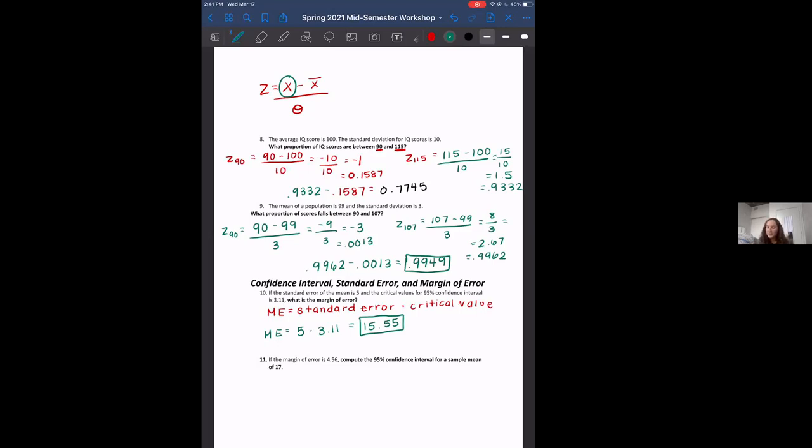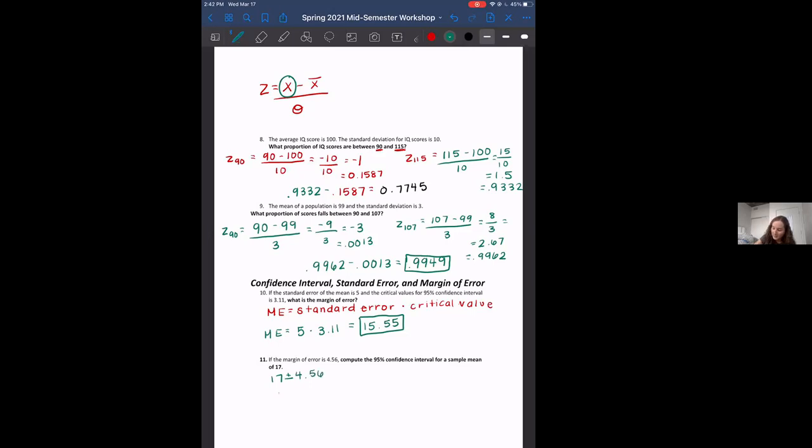If the margin of error is 4.56, compute the 95% confidence interval for a sample mean of 17. Does anyone know how you do this one? Okay, all you do is 17 plus or minus 4.56.